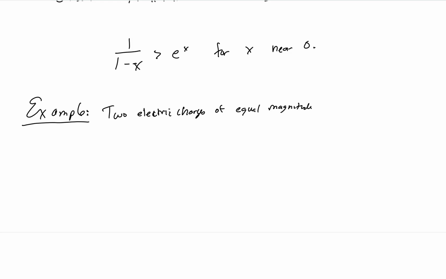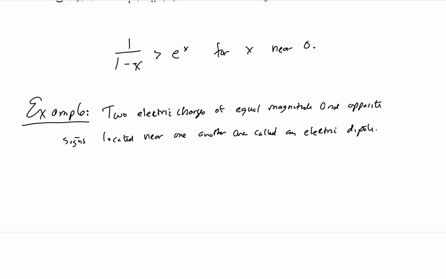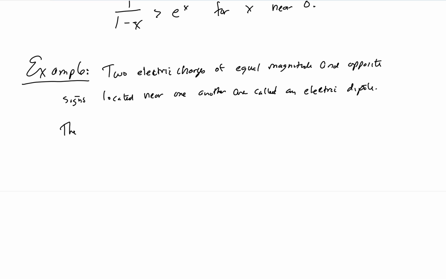We have two electric charges of equal magnitude and opposite signs, so one positive, one negative. If you have two electric charges of equal and opposite signs near each other, we call this an electric dipole.